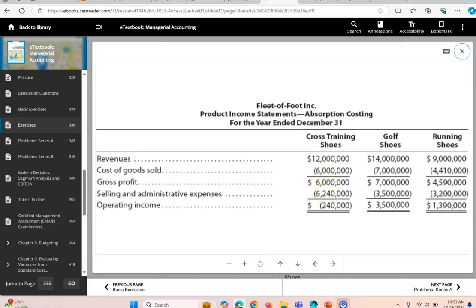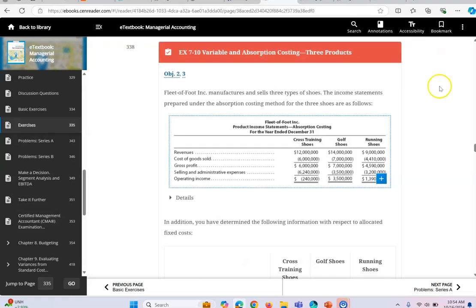We've got a loss here of $240,000. Our golf shoes show a profit of $3.5 million, and our running shoes show a profit of $1,390,000.